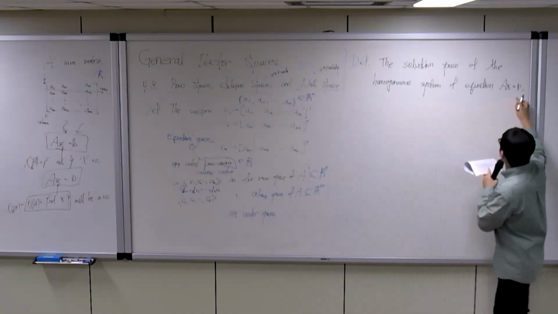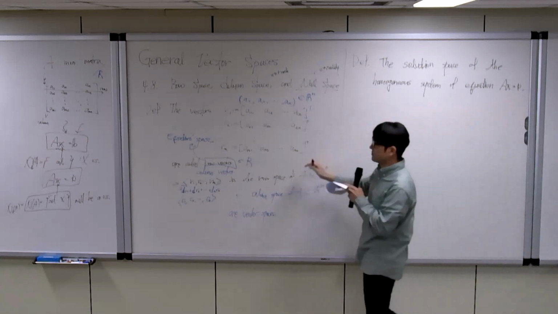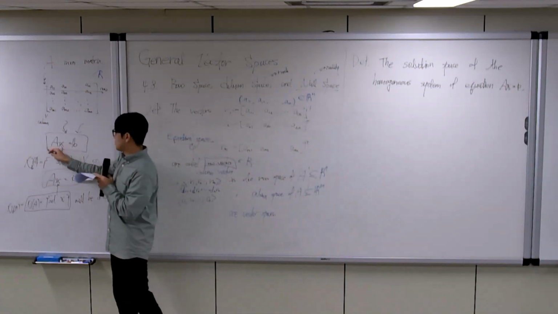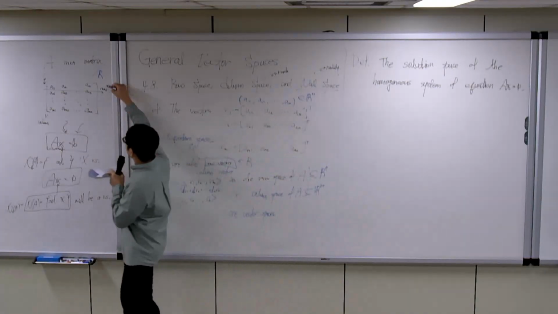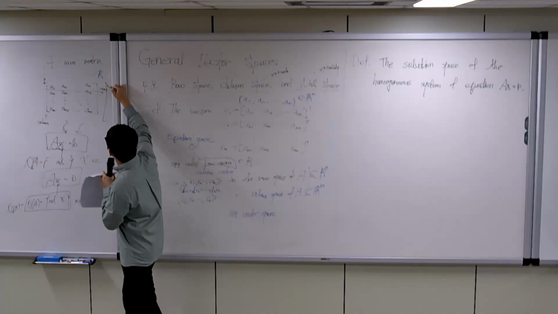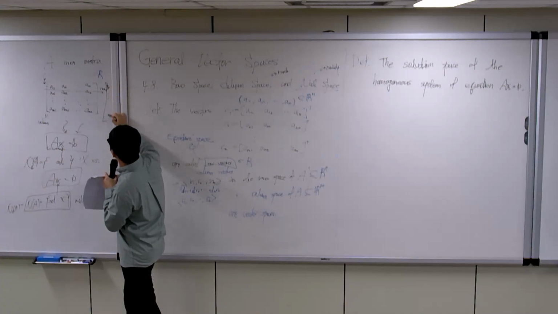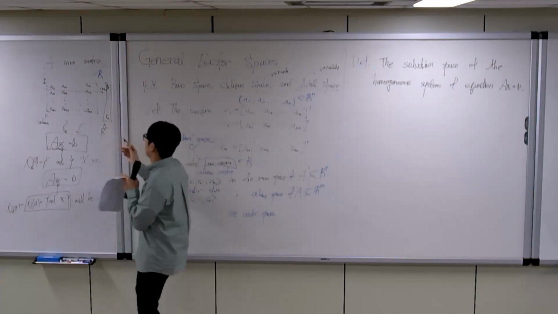then we will gather the element x, and to calculate A multiplying x, we should have x0, x1 to xn, so it is in R to the n.